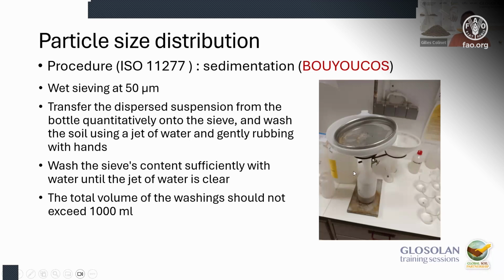Here you have a bottle, but usually we take directly the column of sedimentation. We wash the sand, and when the liquid is clear, what is left on the sieve goes in a small beaker, where it is the sand fraction.